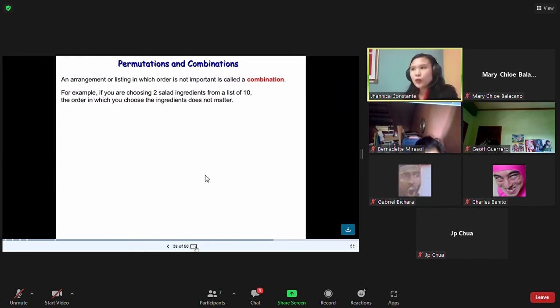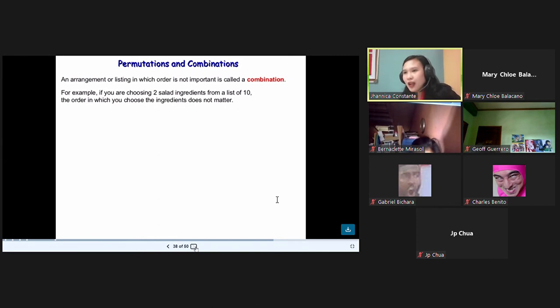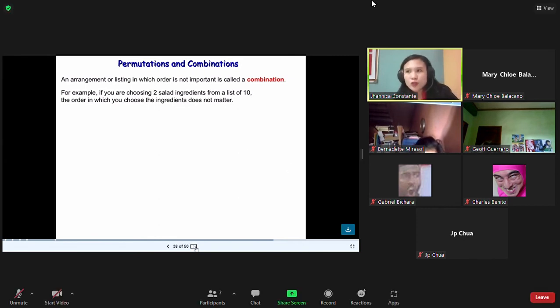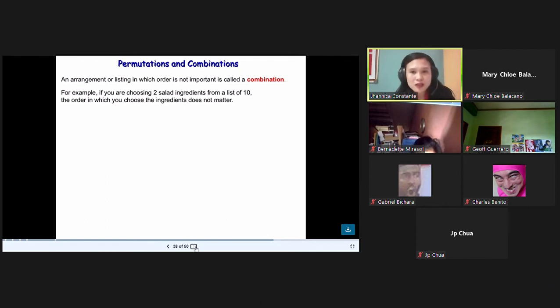For example, if you are choosing 2 salad ingredients from a list of 10, the order in which you choose the ingredients does not matter. Whichever you write first as an ingredient of this salad, it won't affect the result that you can create. So that is an example of a combination.